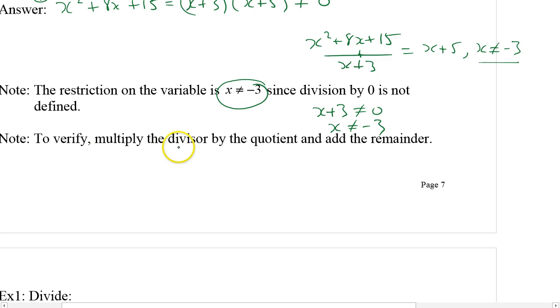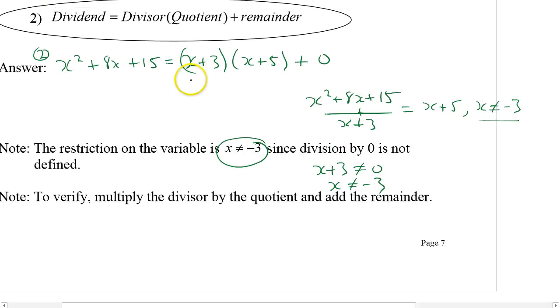To verify, we could multiply it out again. So if you look at this form here, if we wanted to check our answer, we could say, well, let's multiply these two together and then add any remainder that we might have and see if we get our original answer. So if we did FOIL in this case, if we did x plus 3 and multiplied it times x plus 5 and then added whatever remainder we had, what would we get?